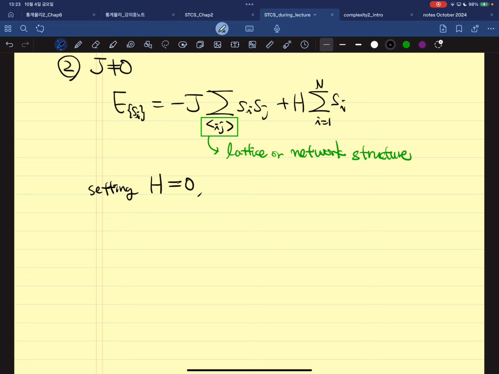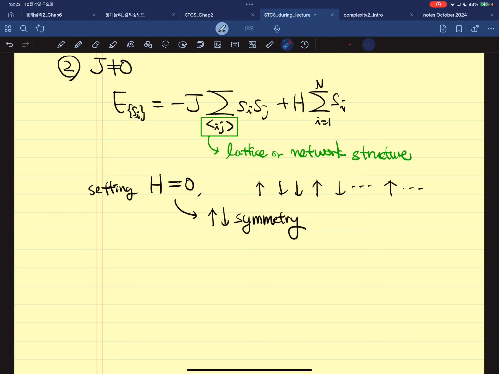So you may assume that without the external field, in this case, spin up and spin down is completely symmetric. It's actually called up-down symmetry. So you think that there cannot be any preferable direction, and which is true.